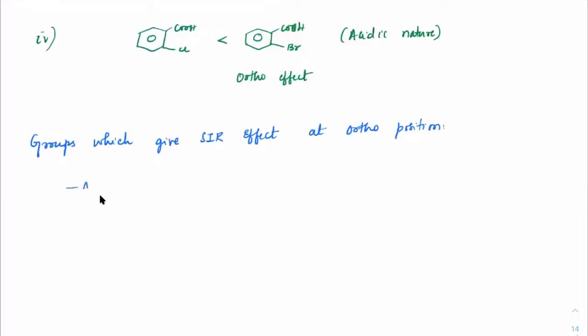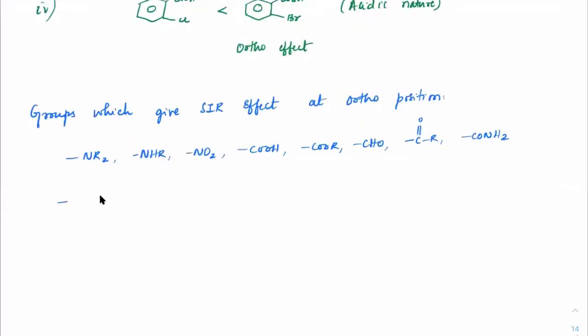Check out, we have NR2, NHR, NO2, COOH, one more COOH, COOR, CHO, C double bond O R, CONH2 and SO3H or SO3R. Got it?